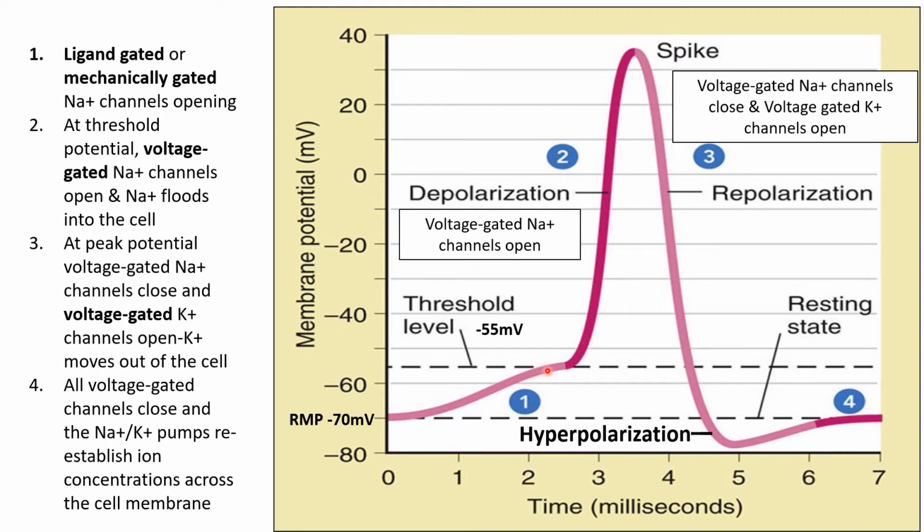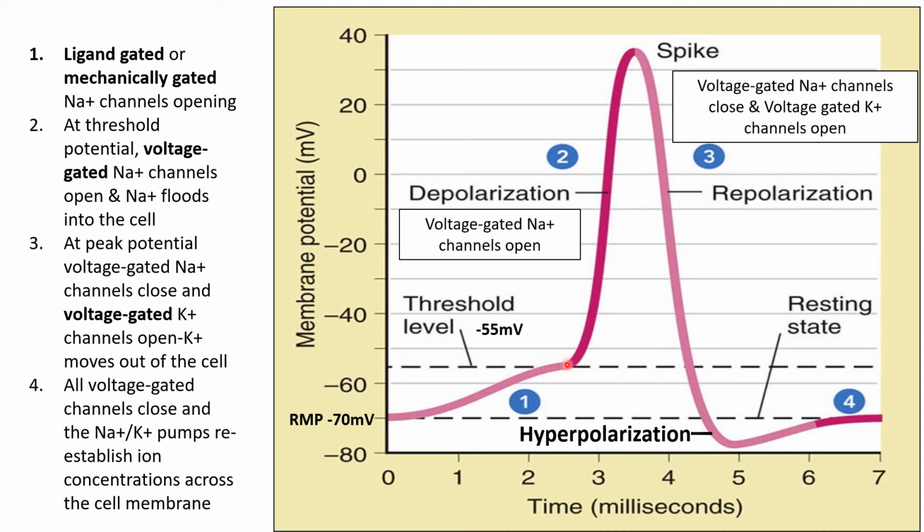If there's enough stimulus occurring to cause this depolarizing potential, and remember there's a summation of those potentials, to cause the inside of the cell membrane to hit negative 55 millivolts, you have to remember that's the threshold potential. You have to know that number, negative 55.